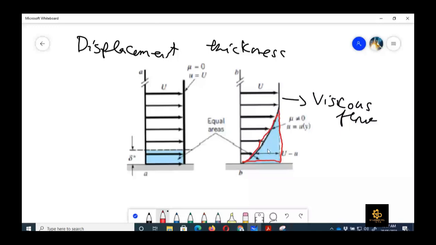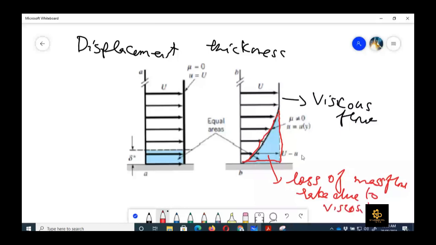We can call it the loss of mass flow rate due to viscosity, or we can also say a reduction or decrease in mass flow rate or the velocity. Because if the velocity had been uniform in this region all along, then it would have the same value as the free stream value.